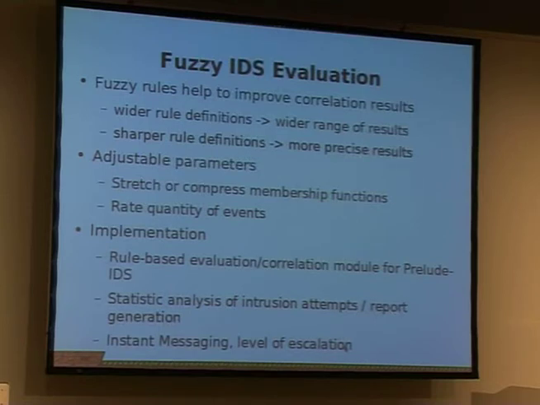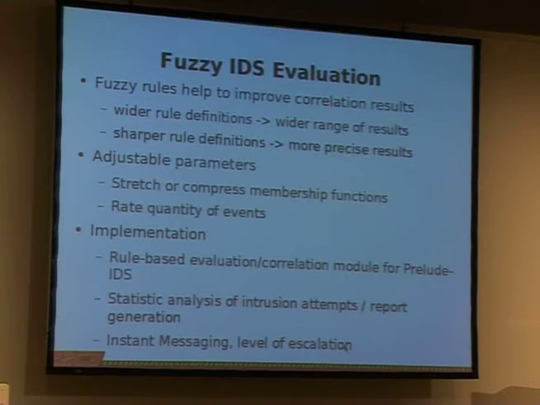And if you have multiple events matched by those membership functions, you have to somehow rate the quantity of those events. As Matthias just said, you can use the first event you found, or the last one, or some median of those events you found. And you can also take into account the number of events you found. So we implemented these fuzzy rules in Perl.